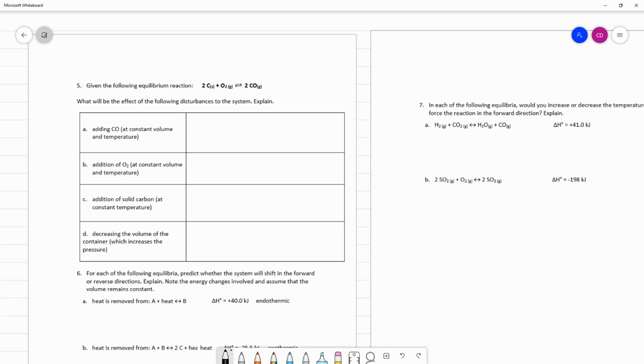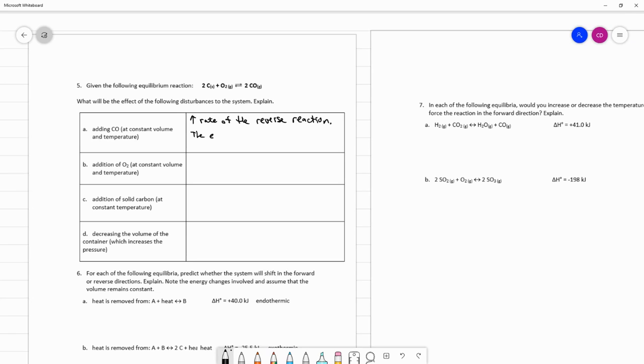Adding carbon monoxide. So we're told that it's constant volume and temperature. So nothing is changing for the temperature or the volume. So if we add carbon monoxide, that will increase the rate of the reverse reaction.